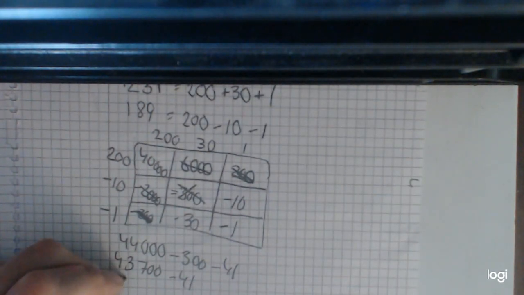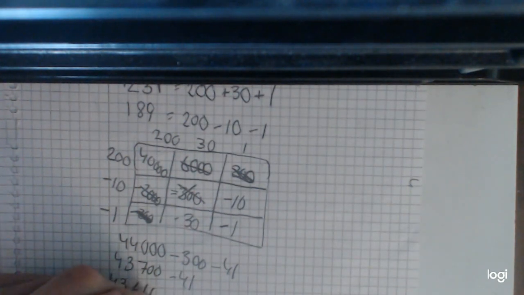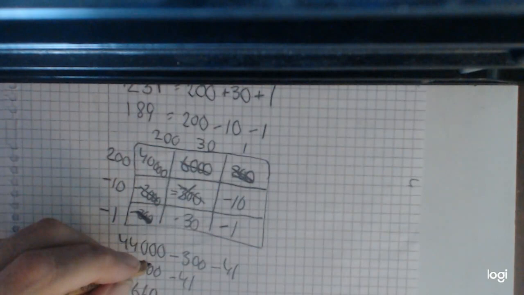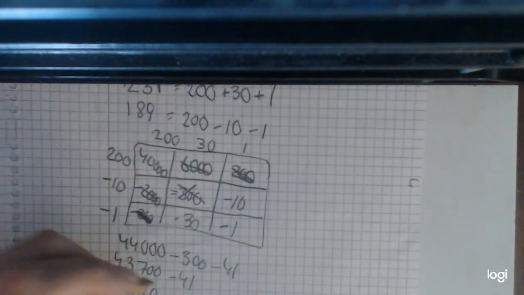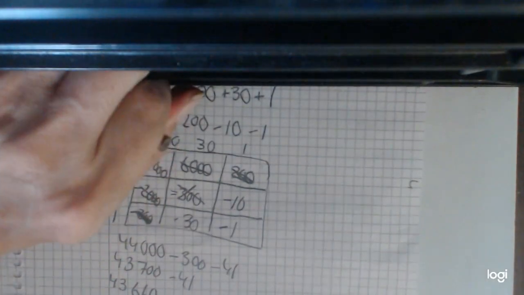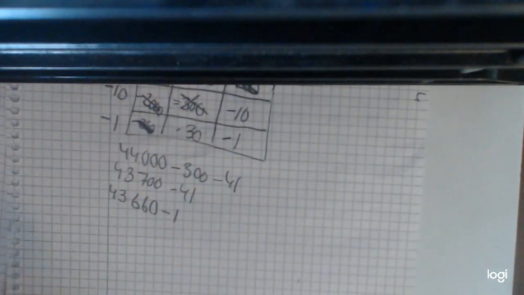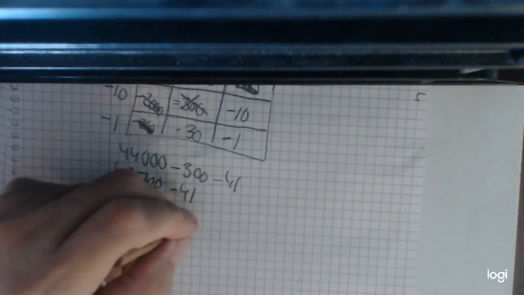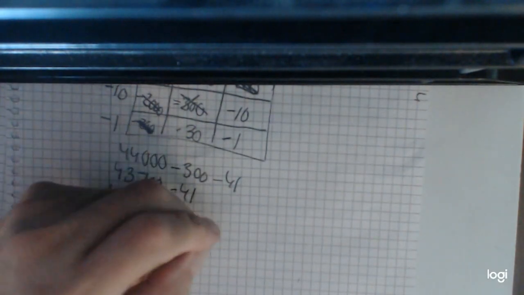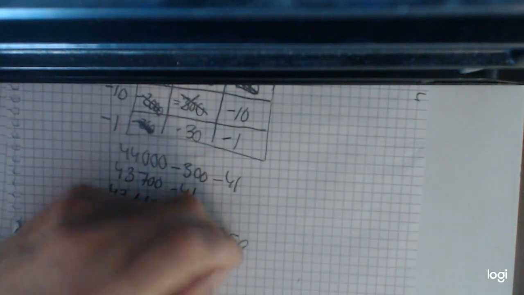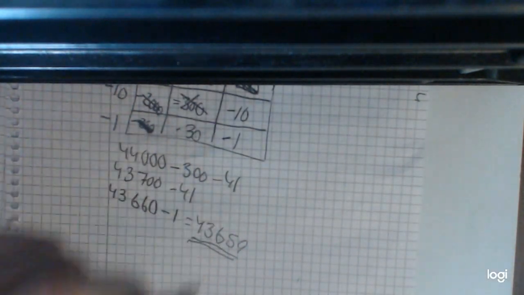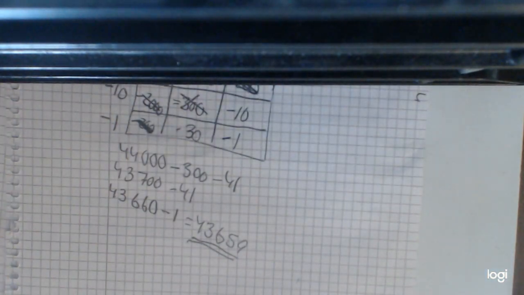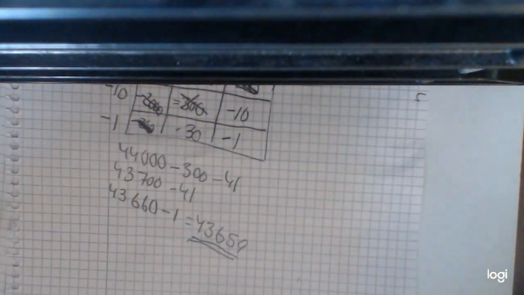That's 43,660. Minus 1. And that equals 43,659. That is the result. So it's 43,659. Well, that was all.